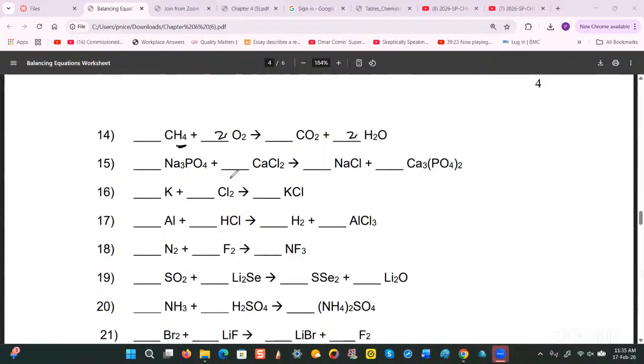So does that mean 16 is 2, 1, 2? 2, 1, that's correct. I'm slowly understanding.